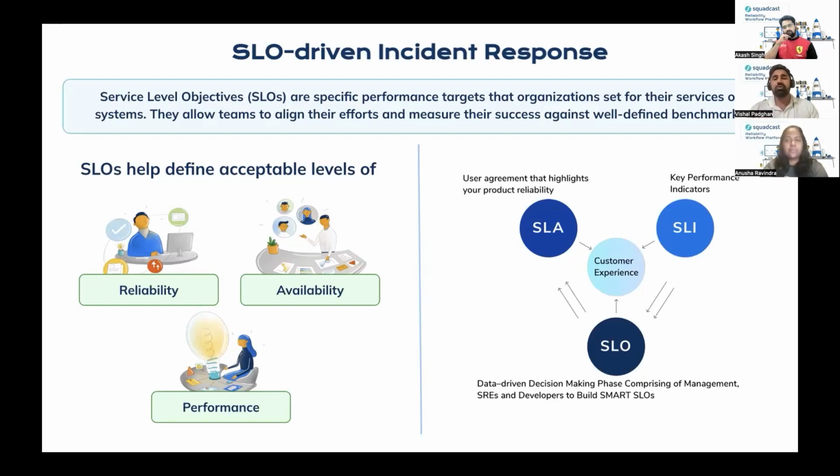These can be used to quantify the efforts being put in to meet those agreements. Next, you have the SLOs, or your service level objectives. These are specific performance targets that your organizations can set to ensure that the service level agreements are met. This is done by aligning your team members so that they can keep track of the efforts they put in and measure them in accordance with the agreement that has been put together. So this was about the metrics that concern site reliability engineering.